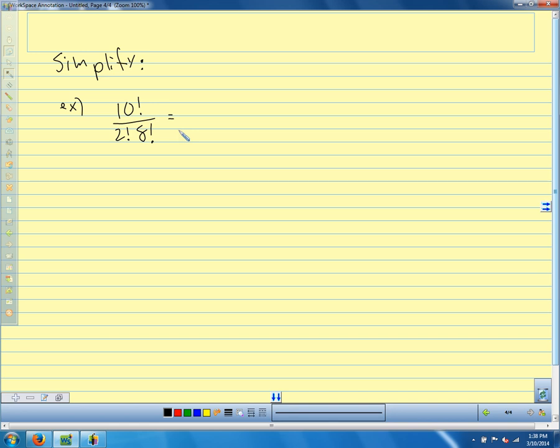With small enough numbers we can write these out. So this is going to be 1 times 2 times 3 times 4 times 5 all the way up to 10. It gets more complicated when the numbers are bigger. Well, 2 factorial is just 2.